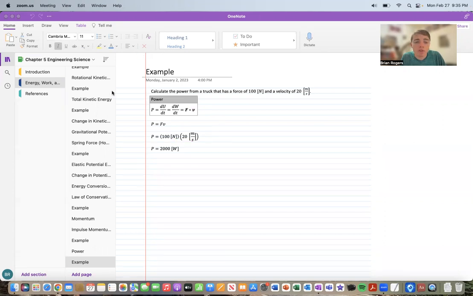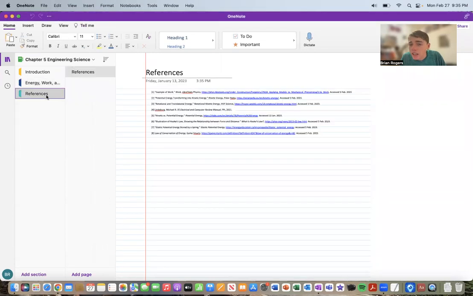So now that we're able to calculate all that, we were able to look at the energy, all the different types of energy, work, and also look at power. That was basically the entire chapter, looking at how energy can neither be created nor destroyed.